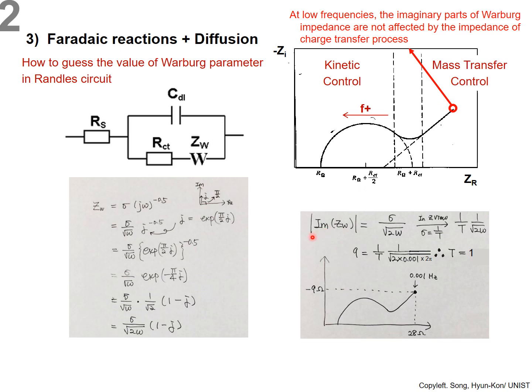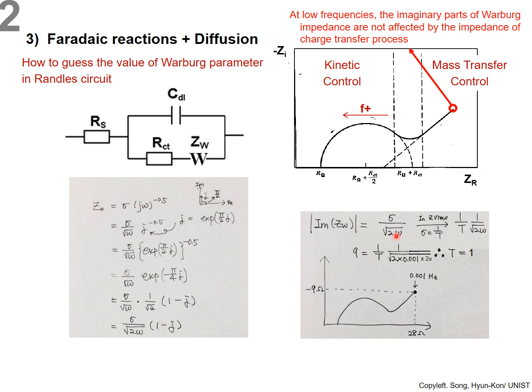So at very low frequencies, you could only find the mass transfer in terms of the imaginary part of impedance. So the imaginary part of impedance of Warburg is sigma over root 2 omega. Actually there is a minus sign, but I'm thinking about the absolute value of the imaginary part. So sigma per root 2 omega.